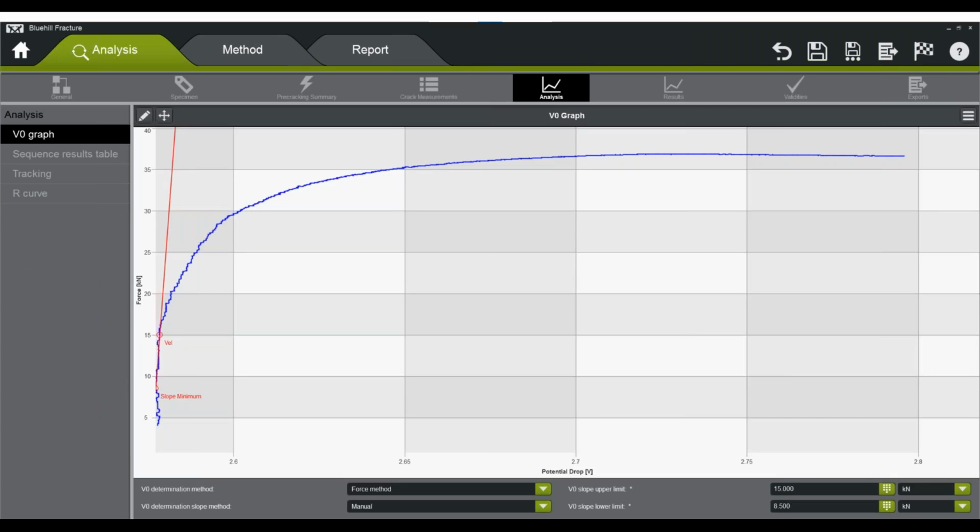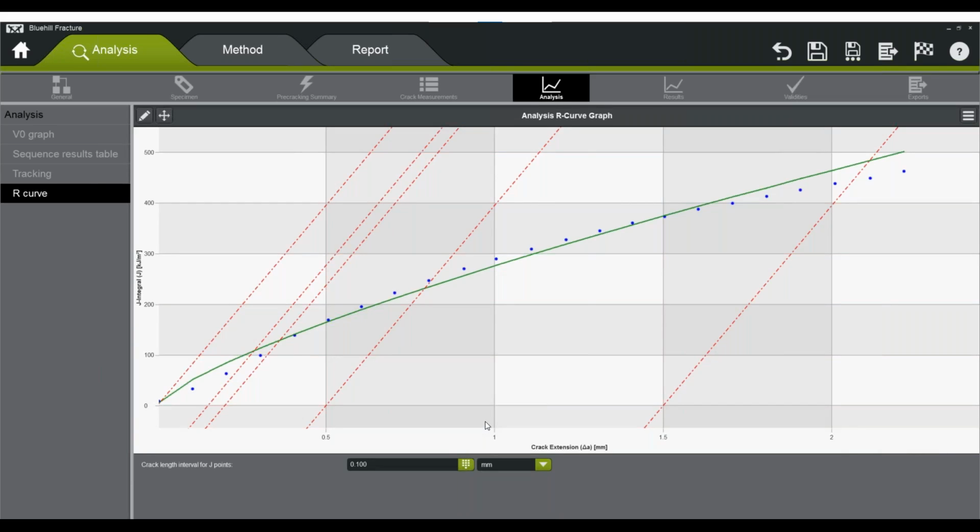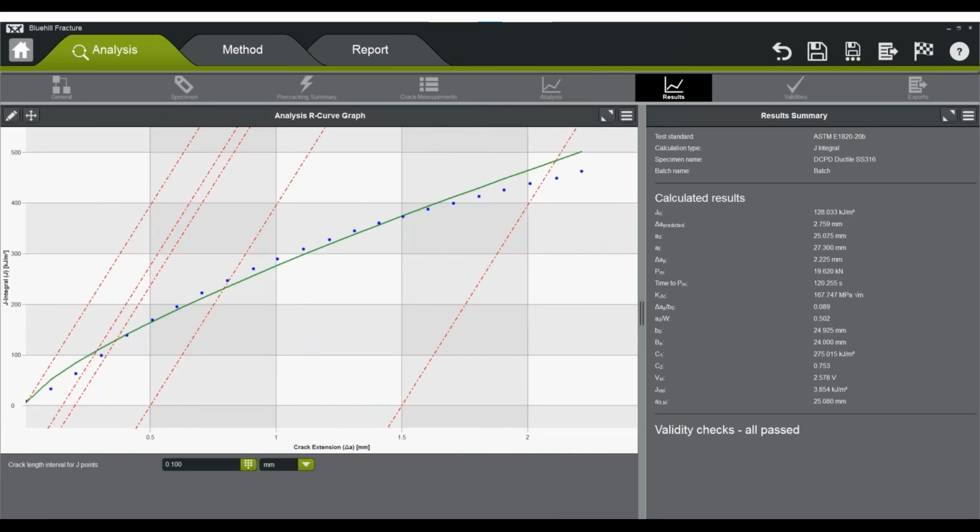This is what I was saying about picking your reference point, your VEL or V0 point, and setting that up. Once you've done that, you create your R curve, and you come up with hopefully a result.